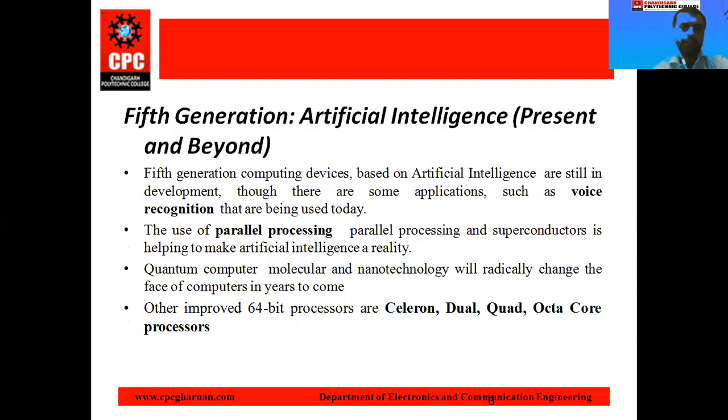Next is the fifth generation. Presently we are using processors like dual-core processors, so we are in the fifth generation. In the fifth generation, voice recognition by microprocessors and parallel processing, where a single microprocessor performs different operations, are all introduced. There is also the artificial neural network.